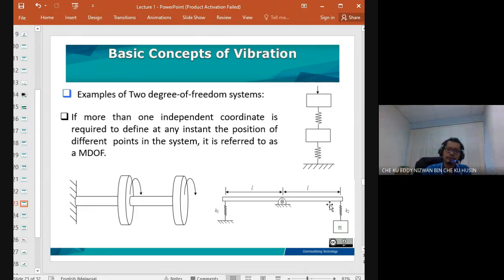In this case, if you give a disturbance to the system, this slender rod will rotate, and this mass will move in the up and down direction. This one is the translation motion, and this rod moves in rotational motion. So these are the three types of possible motion for the 2 degree of freedom system.